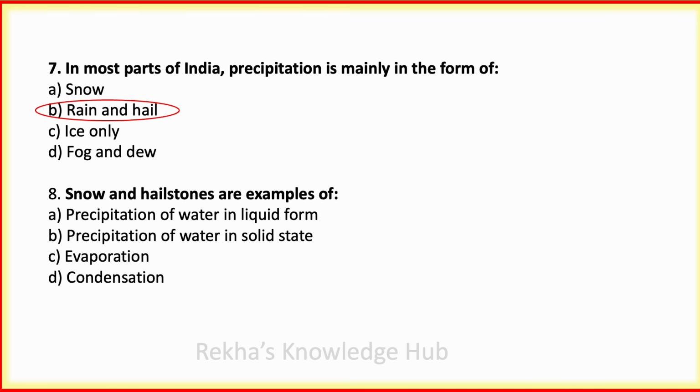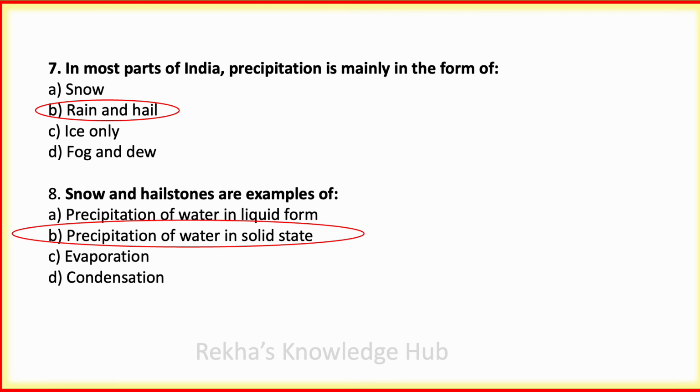Next one, snow and hailstones are examples of: precipitation of water in liquid form, precipitation of water in solid state, evaporation, condensation. Which is the correct answer? Snow and hailstones are examples of precipitation of water in solid state.